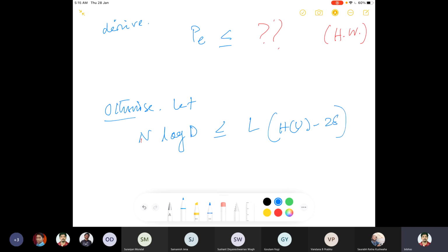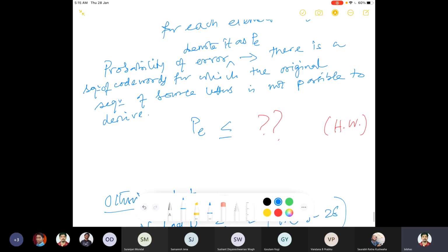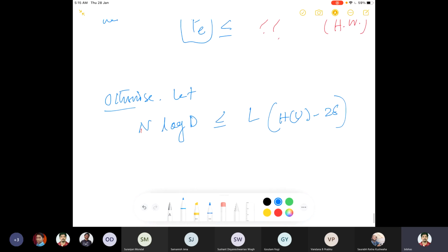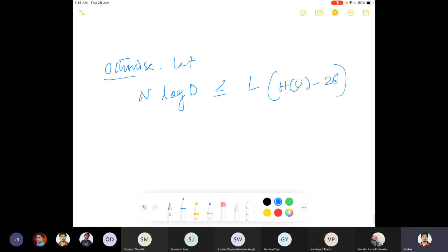There is a reason for this, and we'll come back to why we are assuming it. When we choose this, we'll show that as L goes to infinity, the probability of error will go to 0. Then D to the power n is less than or equal to 2 to the power L(H(U) minus 2 delta), using the same calculation as before.